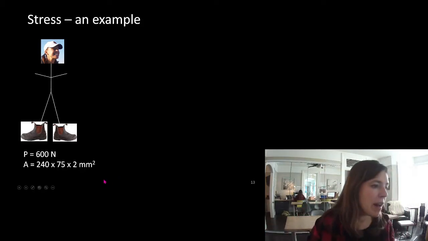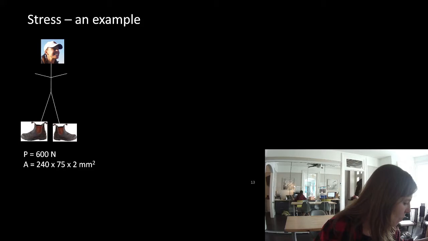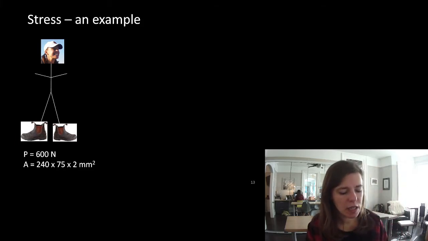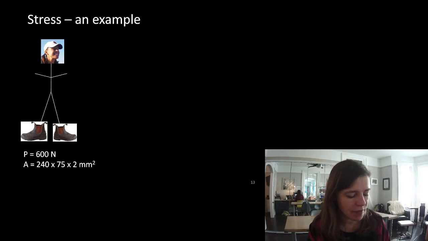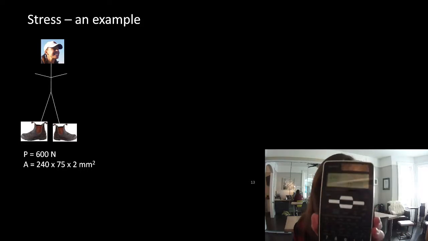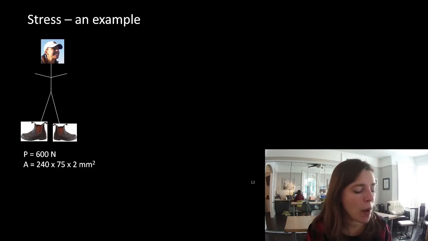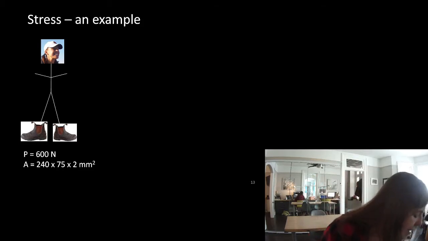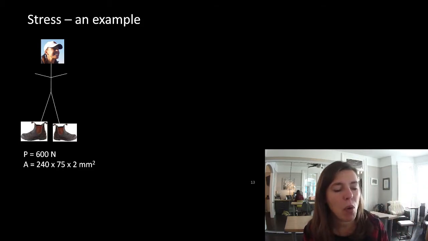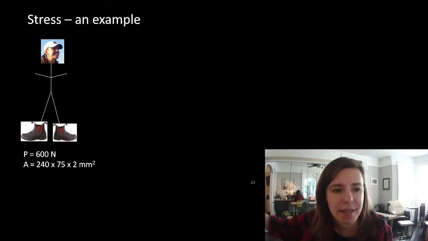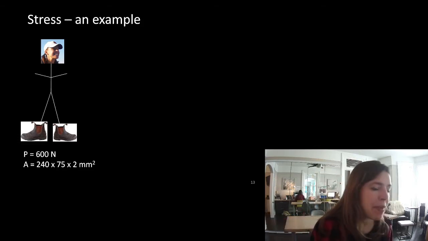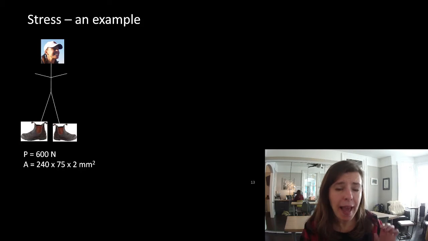So 240 times 75 times 2 equals 36,000 millimeters squared. So we've got 600 divided by 36,000 millimeters squared, and we end up with 0.0166666666 MPa. Not kPa, MPa.